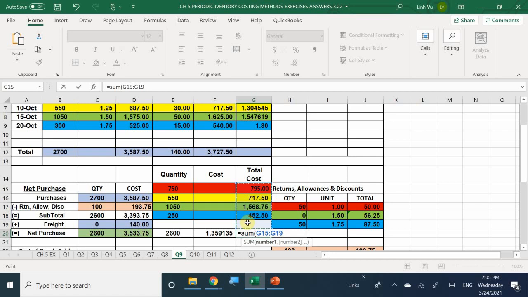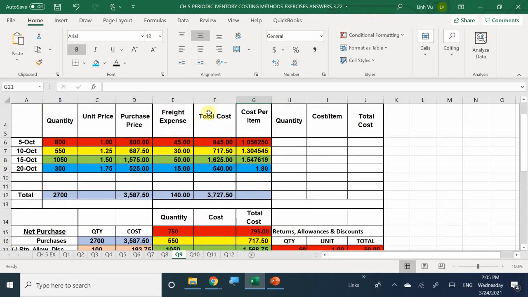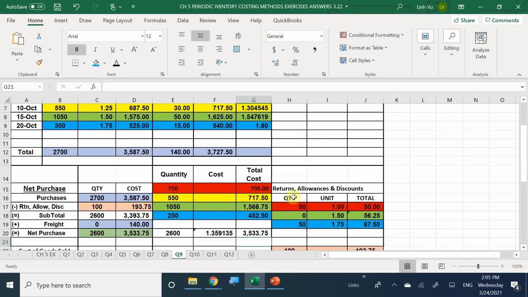On your total cost, on the 750 quantity, you have a total cost of 795. 795, yes. Did you just take the 750 times a dollar? No, I took my total cost, which was 845, and I subtracted out the $50. Oh, okay. Yeah.